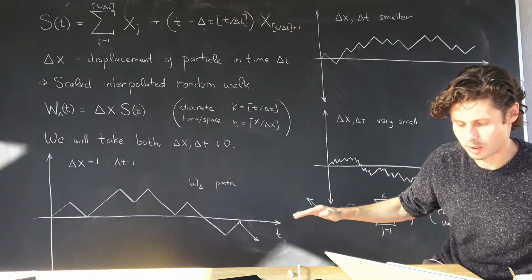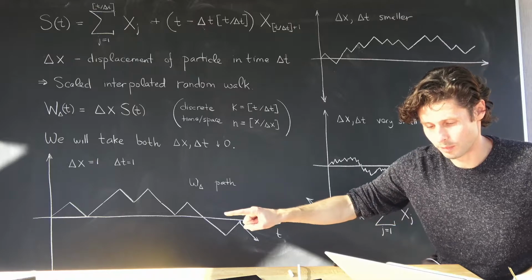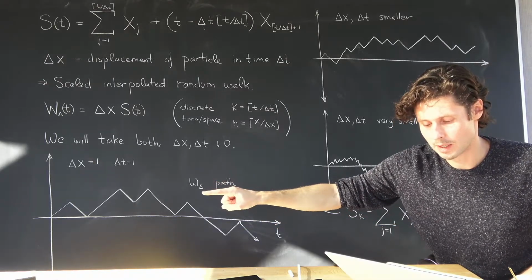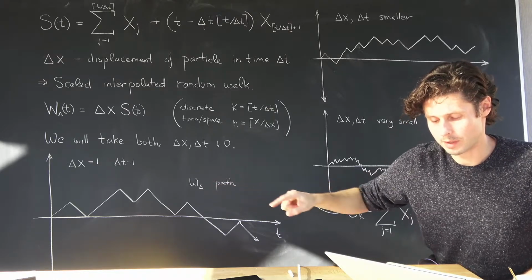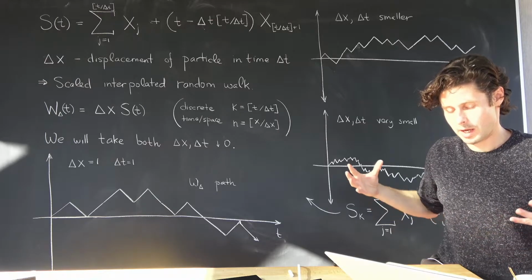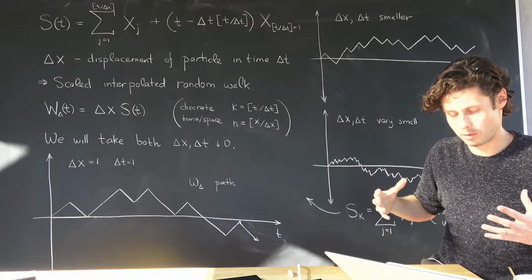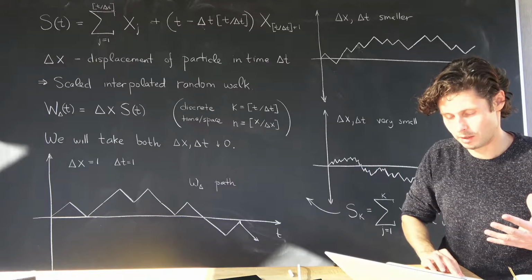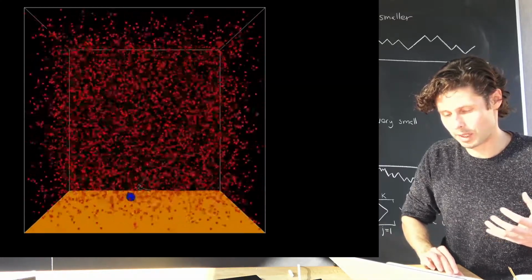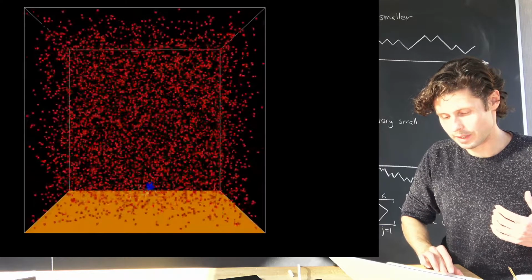And so the picture you want to have in mind is this scaled interpolated random walk, which I'm writing as W delta. Delta is some very small number, and for small delta we're thinking of more particles in this box. The more particles I pour into this liquid, the more dense I make this material, the smaller my delta is.